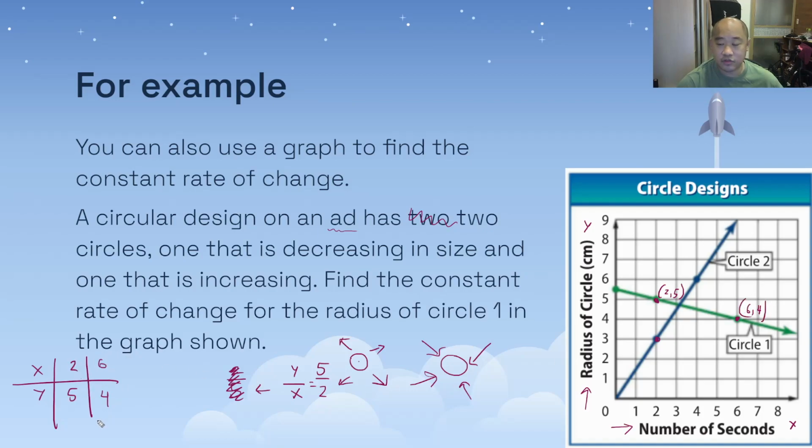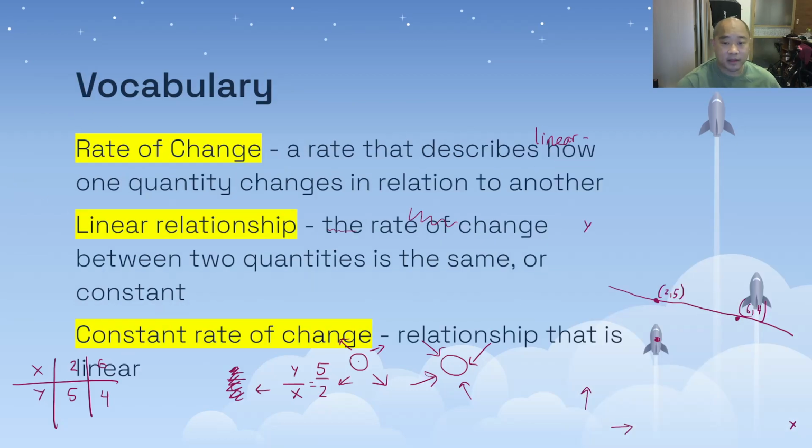And once you have 2 points and you know that the graph is straight or a line or linear, so linear, remember from this slide, linear relationship has this word line in it, right? Right here, line.